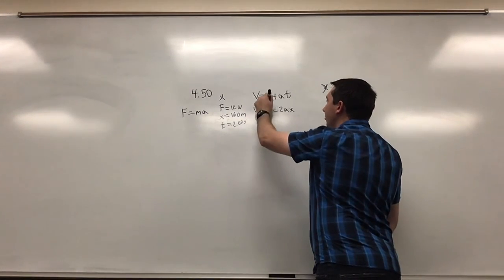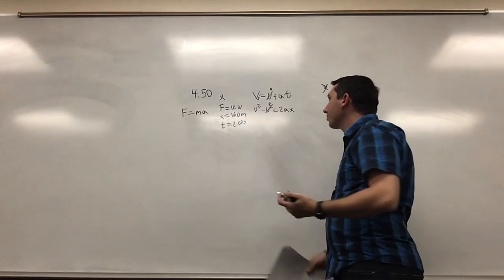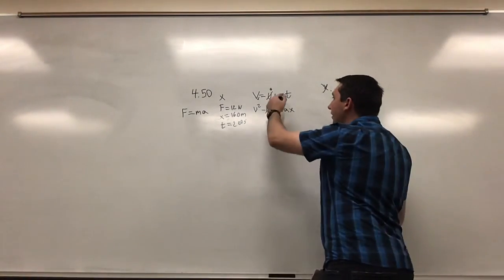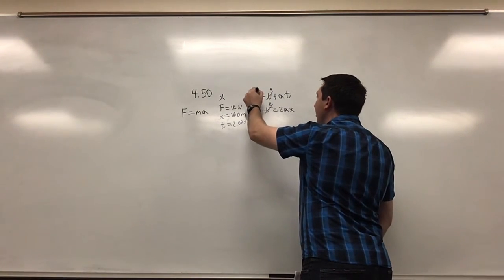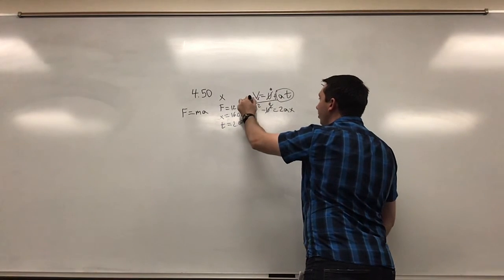So we know that the initial velocity terms go to 0, because the initial velocity is 0. We can then substitute this into this equation for b.